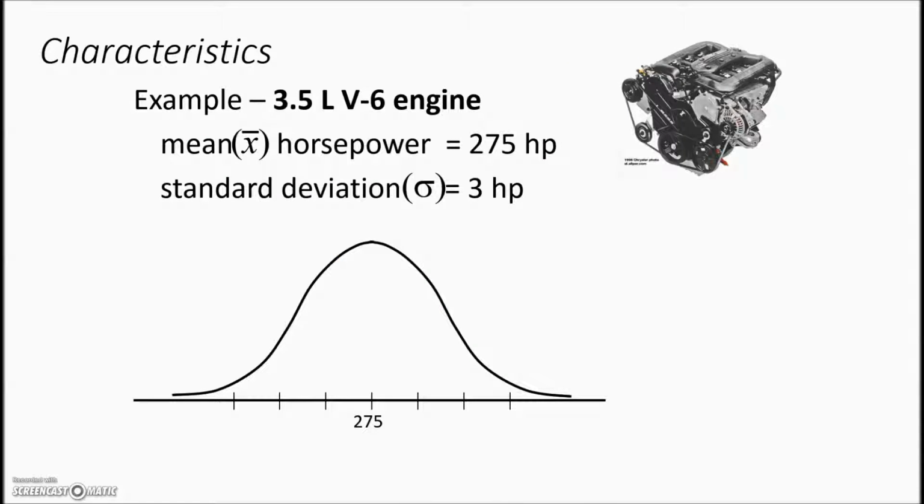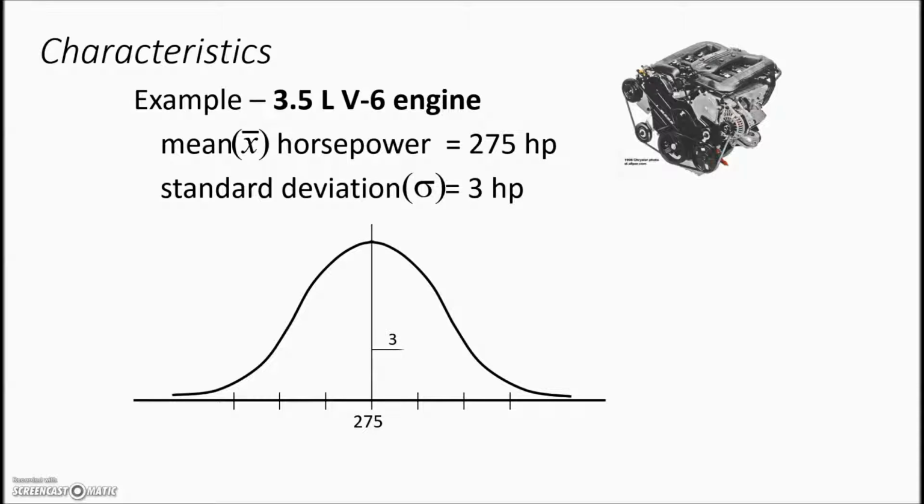And here's an example. We have an engine with a mean horsepower of 275 and a standard deviation of 3. If we want to know where 68% of the engines are running from, their power levels, here on our normal distribution, we put the mean of 275 in the center of the graph.